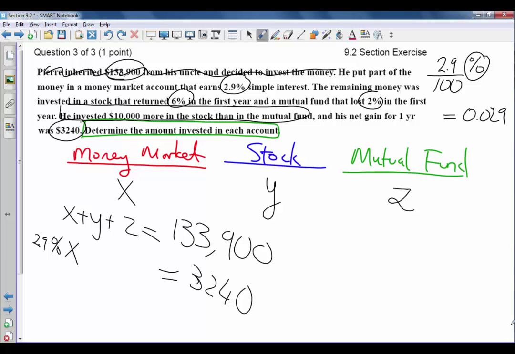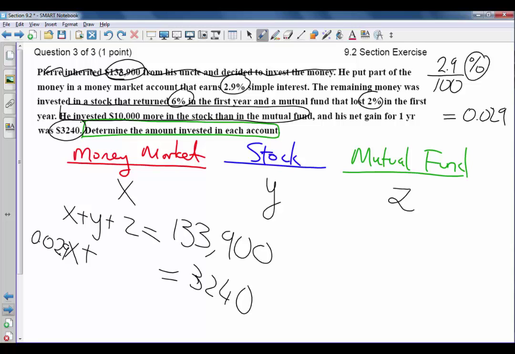That percent means take the ratio of this thing with 100 and compute that decimal. So it is not this anymore, it is .029 X. So this is the amount I earned from the money market.